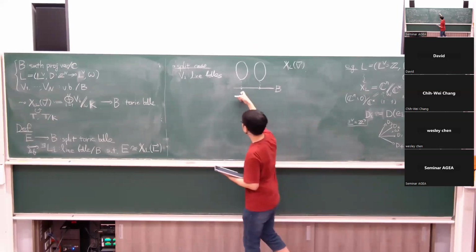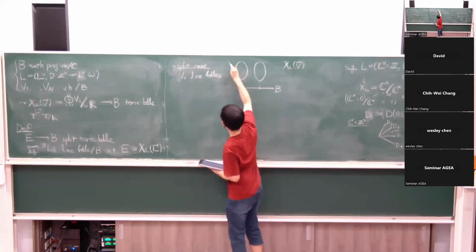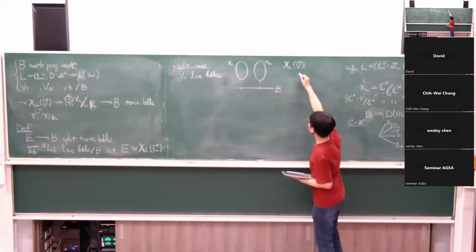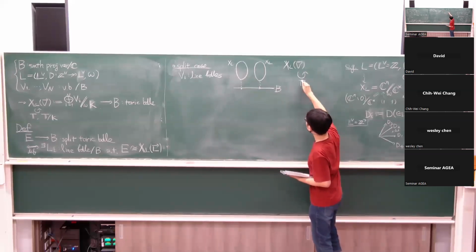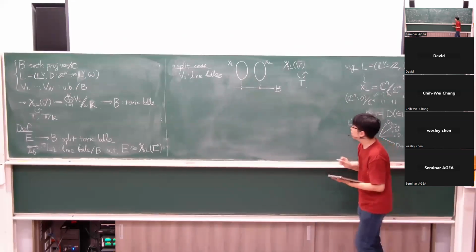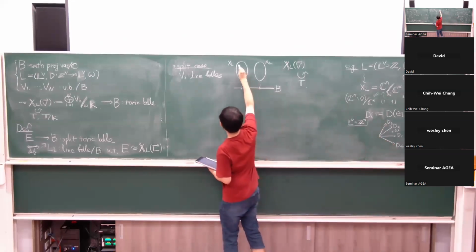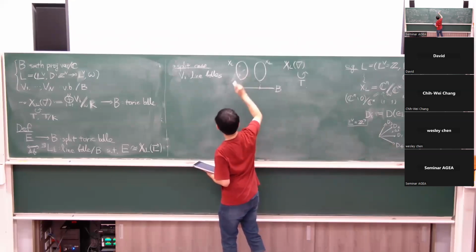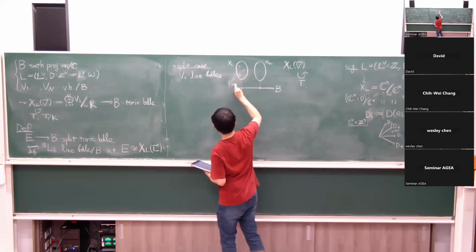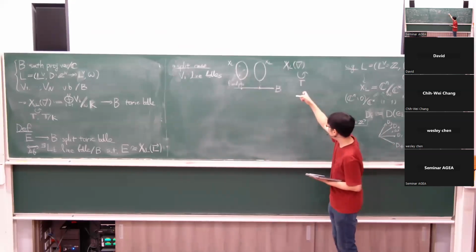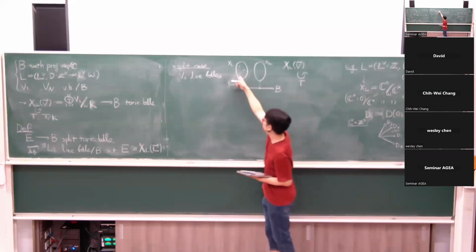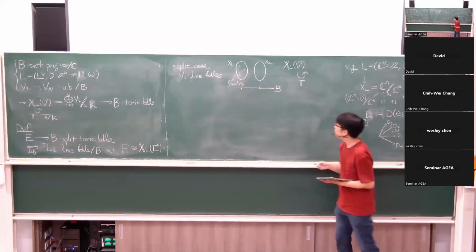For each point of B, there is a toric variety X_L, on which the torus acts. Since it's a big torus action, the fixed point set of this torus action on the fiber is just a point, right?